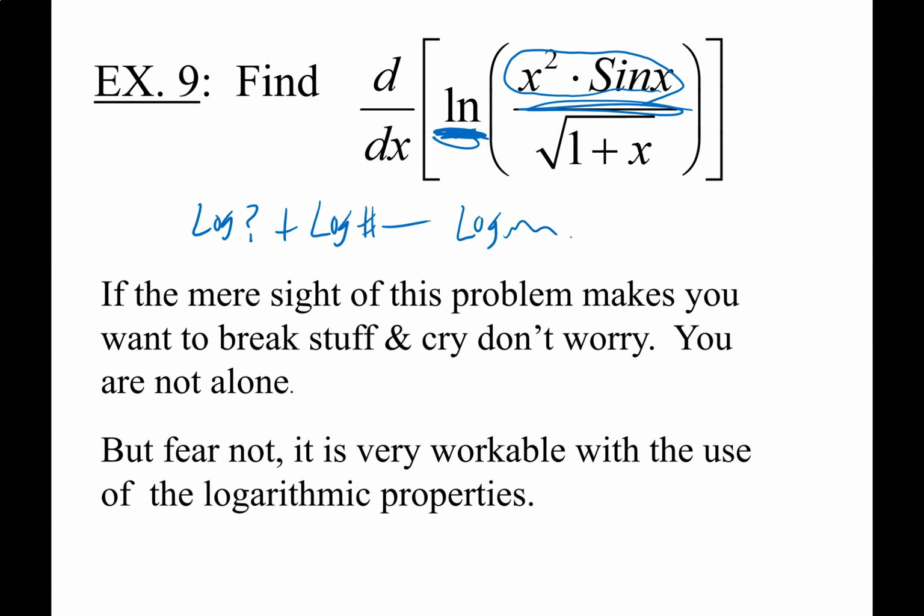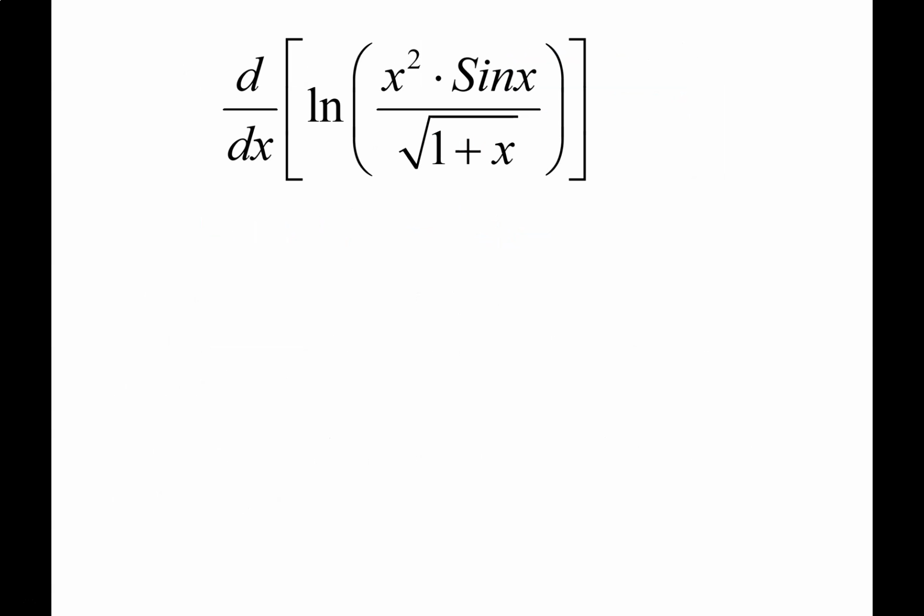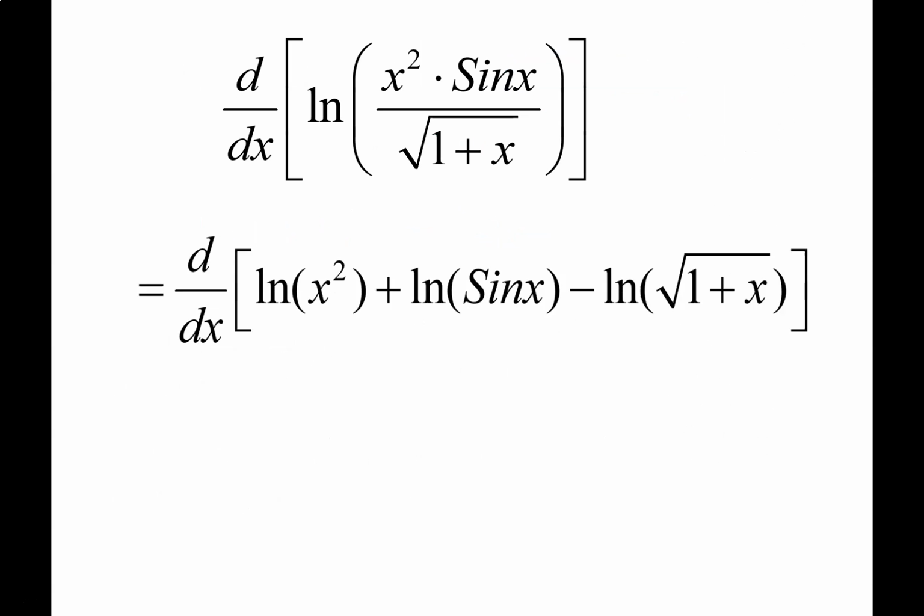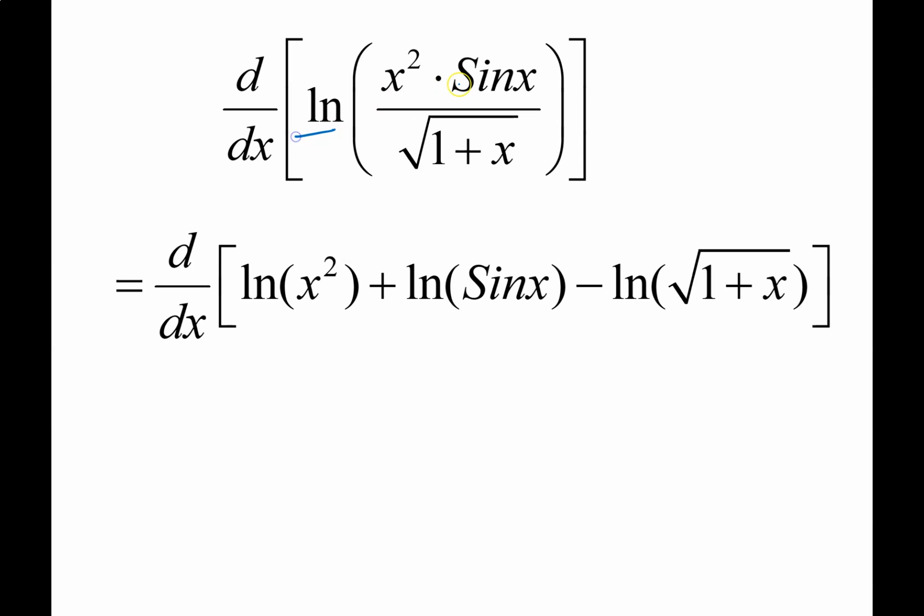So that's the steps I'm going to take in this. I'm going to actually use the log properties to break it down nice and neat for me. So again, 1 log with multiplication means 2 logs with addition. And then when you take a log with division, you subtract that 3rd log.